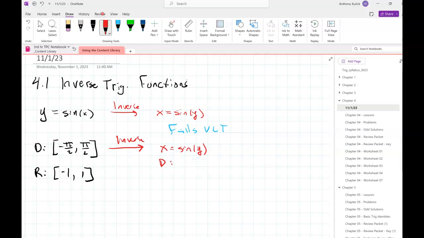When we make an inverse. So the domain is going to be the same as the range from the other one, right? Because what coordinates are the range? The y's. So if I swap the x and y's, we have this, right?